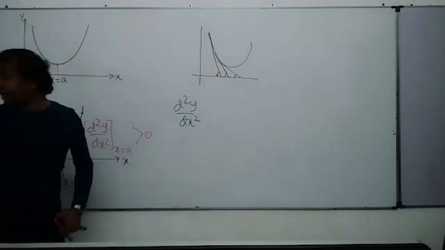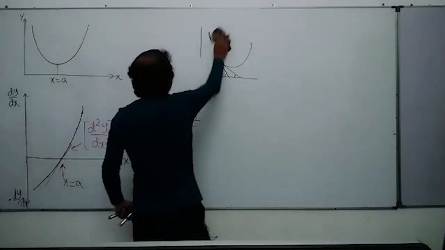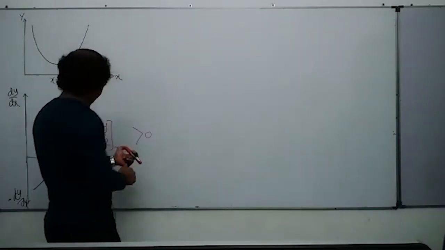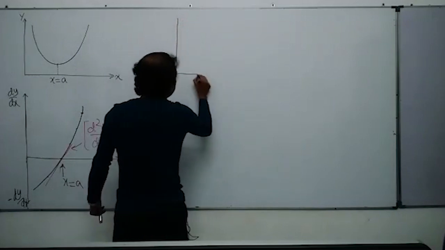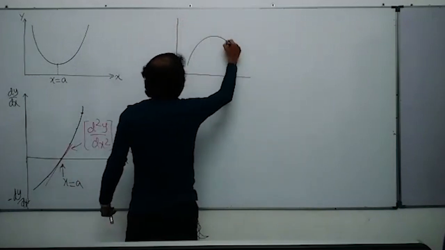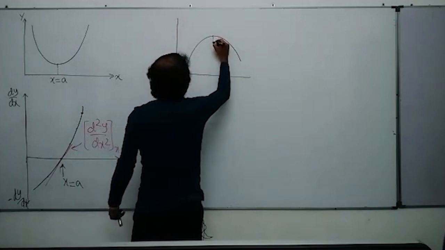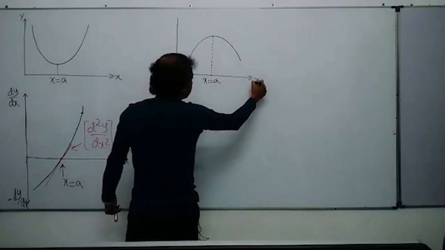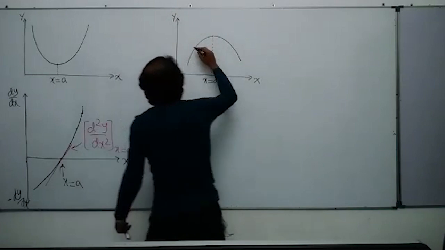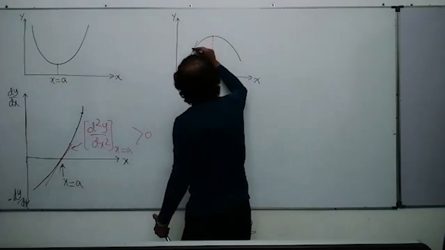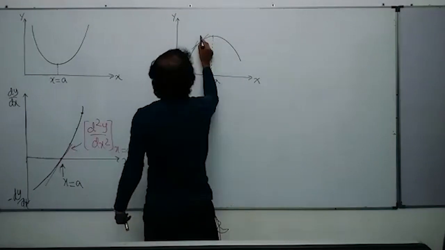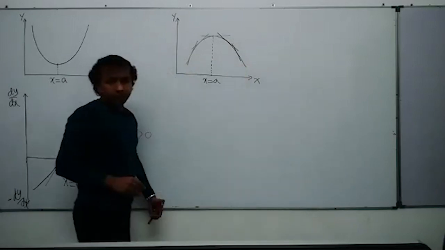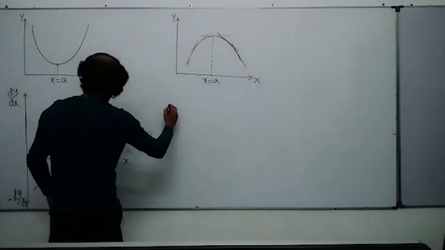Then if I consider a maximum graph in the same way, we can construct the dy by dx graph. Suppose we have a maximum graph like this, at x equals a, suppose we have the maximum. On the left of this a, we have positive gradients of the tangents. Now I am going to construct the dy by dx graph.